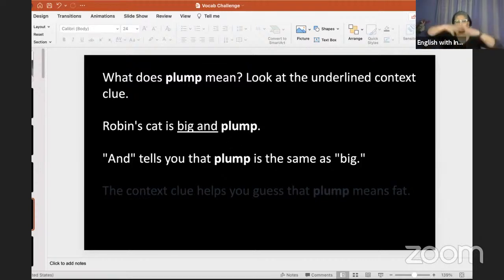So if someone is big in size, right? Big. So here, and tells you that plump is the same as big. So it's very close in meaning when we are saying big and plump. So what do you think plump means?